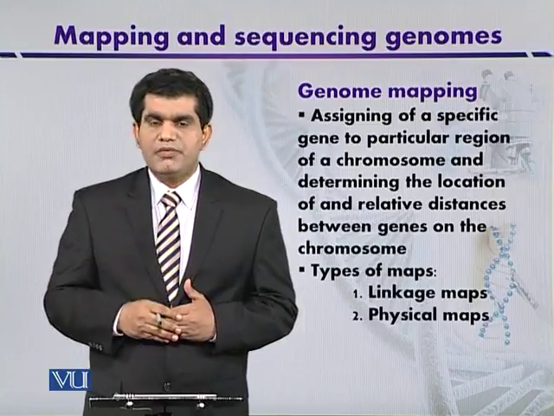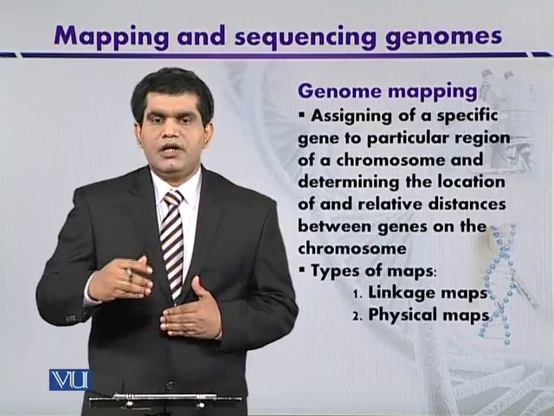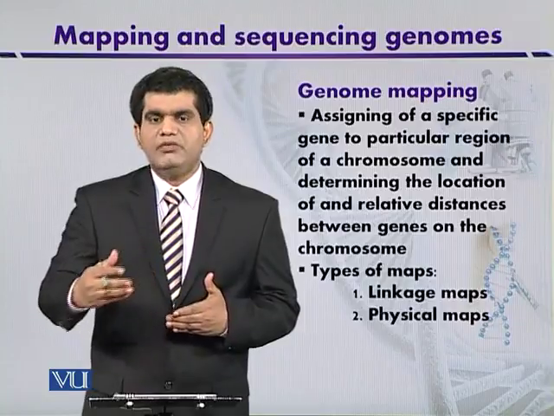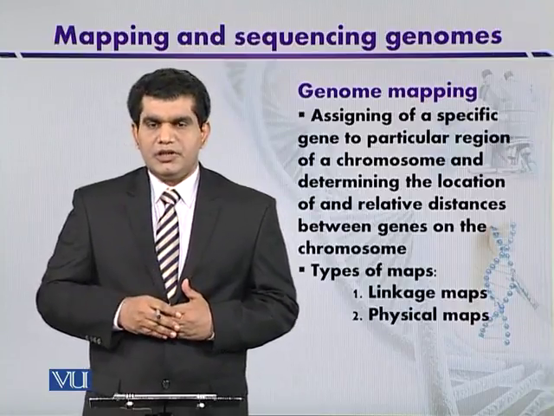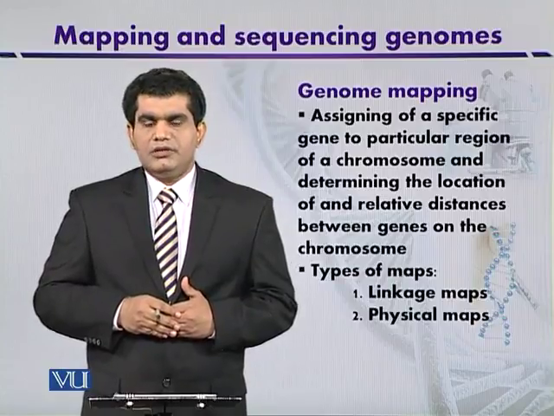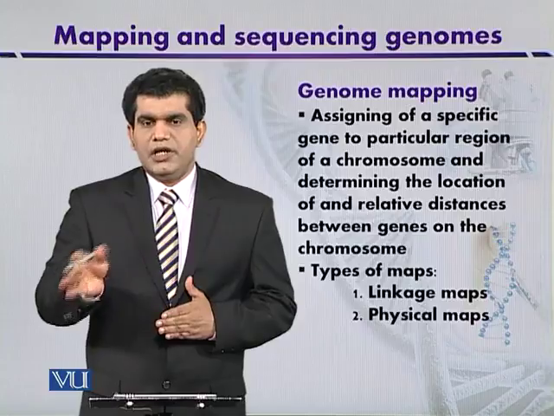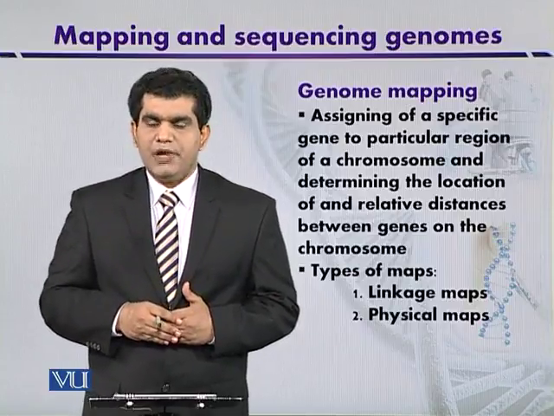For example, if we have constructed the genome map, it will not tell us about the sequencing. It will not give any information about the sequence or the nucleotide bases on the DNA. And similarly, the genome sequence will not give any information about the genome mapping.